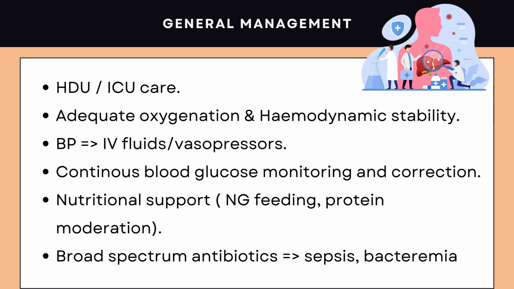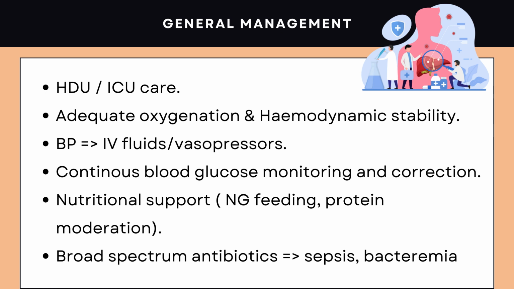NG feeding is required if the patient is drowsy and unable to take orally. Adequate nutritional support is essential. These patients will require 3000 calories daily and proteins 1 to 1.5 grams per kilogram. The protein content may be reduced further if the patient has rising ammonia levels.